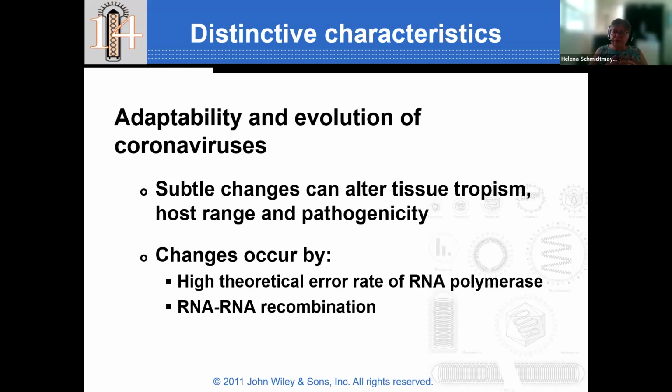And these changes, together with errors in RNA polymerase synthesis, since it does not really have proofreading capabilities, this lack of proofreading, together with this RNA-RNA recombination and spike recombination, can actually trigger evolution and synthesis of new viruses, new coronaviruses, and those can trigger epidemics and pandemics because humans and animals do not have any immunity against those new recombined viruses.